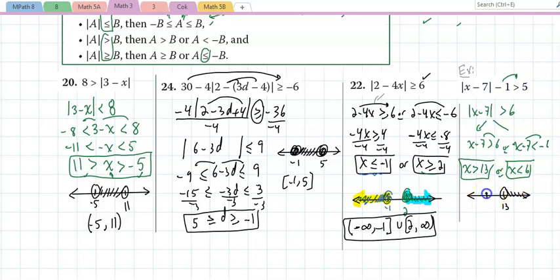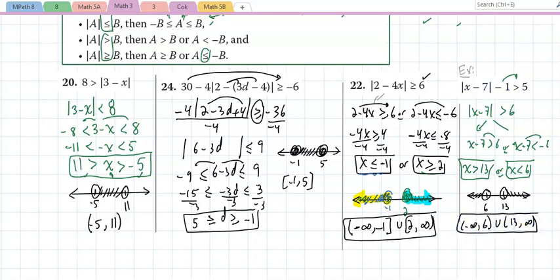This says 6 not included, x is less than that. So the same deal, negative infinity to 6 not included, 13 to infinity, and a union since.